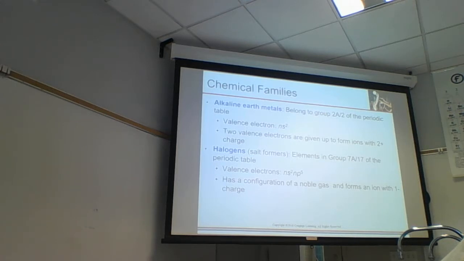Potassium is going to have 1s2, 2s2, 2p6, 3s2, 3p6, 4s1. What we see here is the core, which will be filled. This one is going to be the helium core with the 2s1. This will be the neon core, then 3s1, argon core, etc.